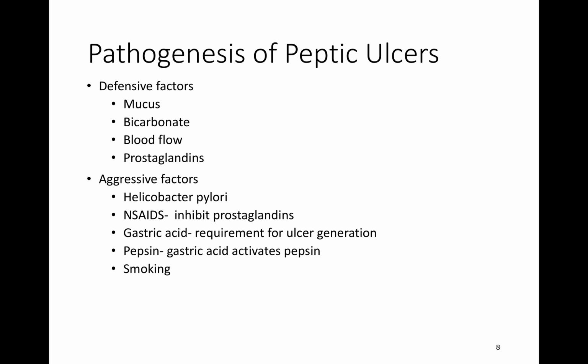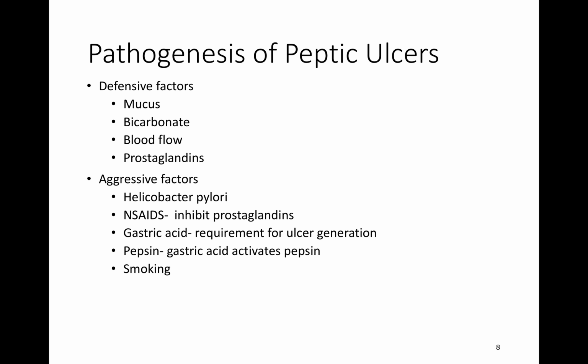Mucus is secreted continually by the GI mucosa, forming a barrier that protects underlying cells from the attack of acid and pepsin. Bicarb is secreted by epithelial cells of the stomach and the duodenum. Most bicarb remains trapped in the mucus layer, so mucus and bicarb work hand in hand, neutralizing any hydrogen ions that penetrate the mucus.